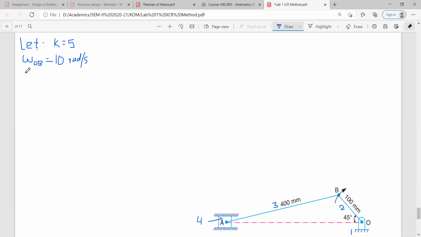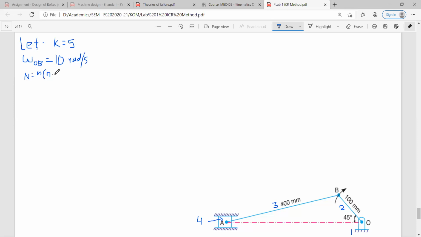Then you can calculate the number of ICRs. The formula you know is that the number of ICRs is equal to N into (N minus 1) upon 2, where N is the number of links.